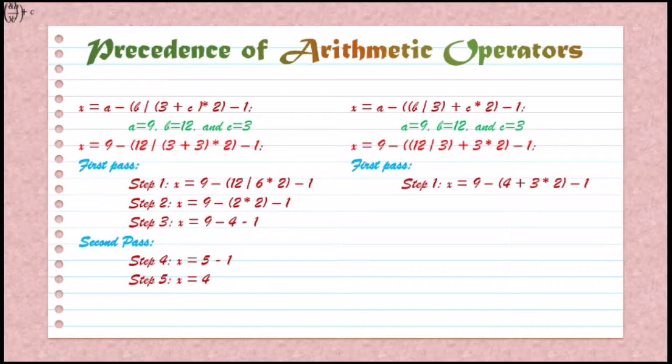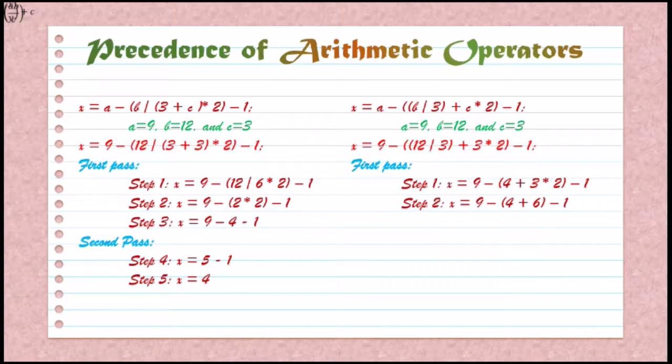So here in the bracket, first solve the multiplication operation because it has higher priority than the addition symbol. So in step 2, first solve 3 into 2. So the equation will be 9 minus in bracket 4 plus 6, close the bracket and then minus 1.